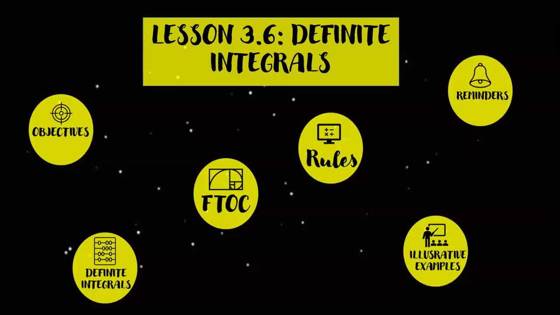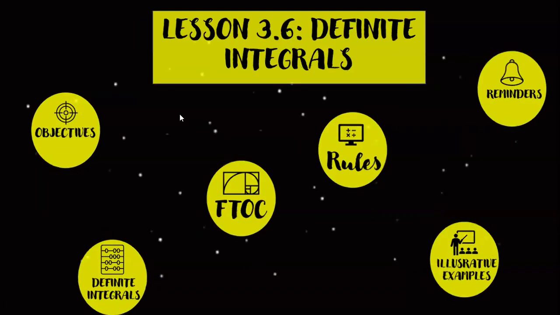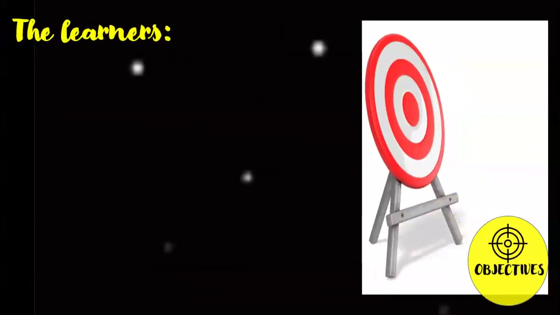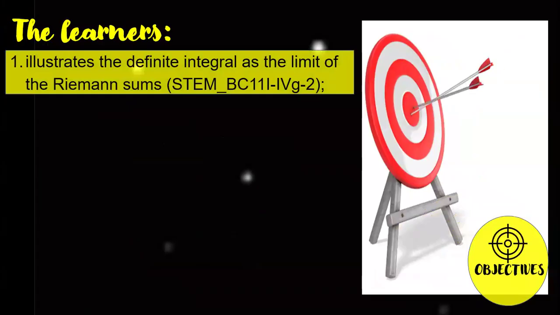So we are now on our second to the last topic on basic calculus, which is lesson 3.6, which will talk about definite integrals. So here are the objectives of this lesson. At the end of the video lesson, you should be able to illustrate the definite integral as the limit of the Riemann sum. So this is a new term with you.